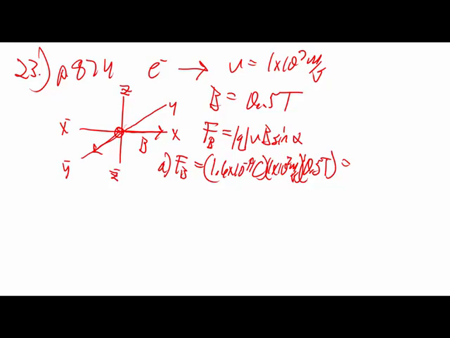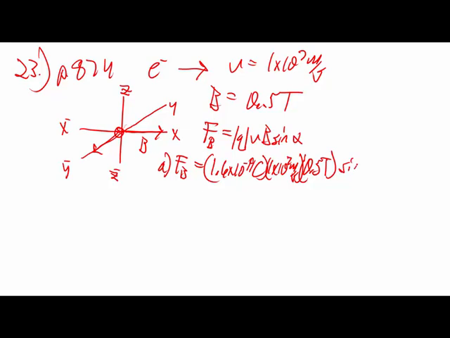Let's see what we get. So we have 1.6 times 10 to the negative 19th, times 1 times 10 to the 7th, times 0.5. Oh, and I forgot something, didn't I? I forgot sine of alpha. So let me go in here and fix that. I'm sorry, I actually kind of took it for granted.